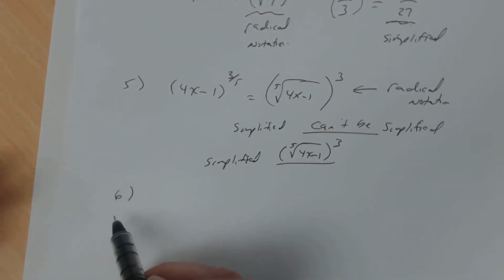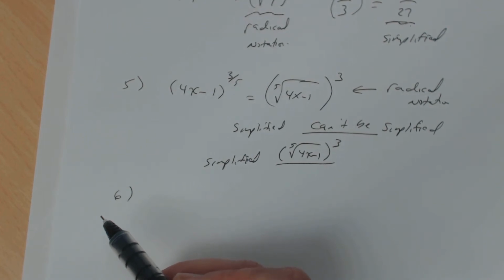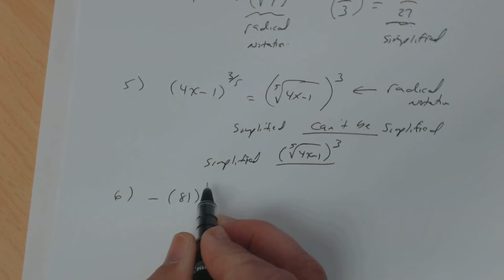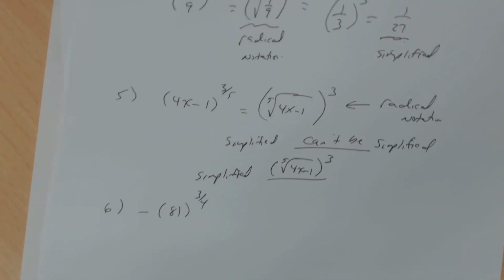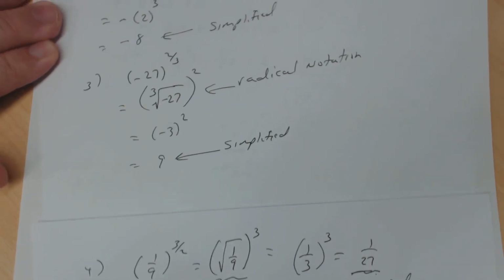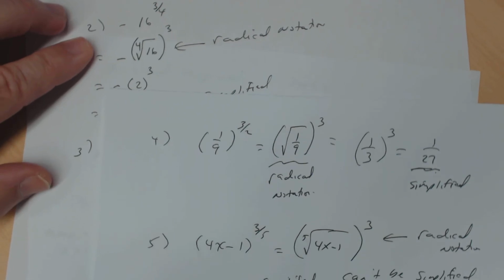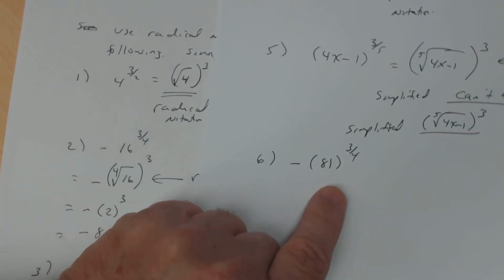All right, number 6, suppose we had negative, in parentheses, 81 raised to the 3/4 power. So notice this kind of looks like number 2. Number 6 looks like number 2, except this time they put in 81 in parentheses.